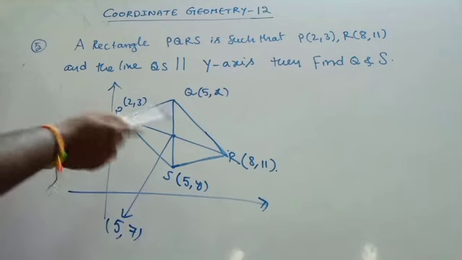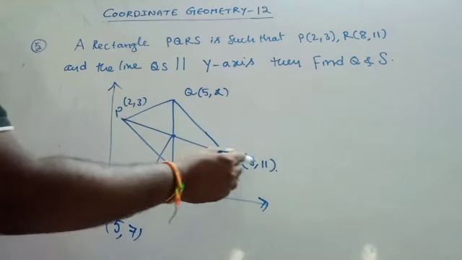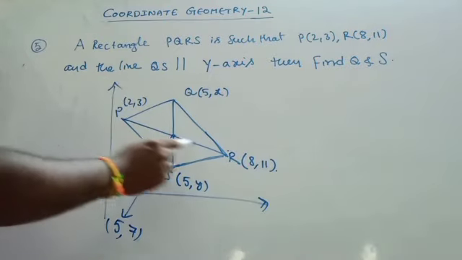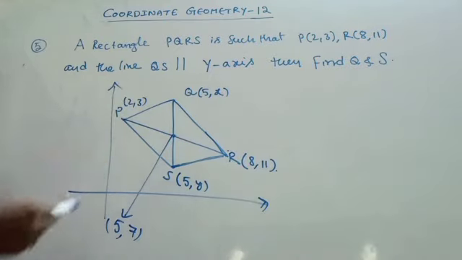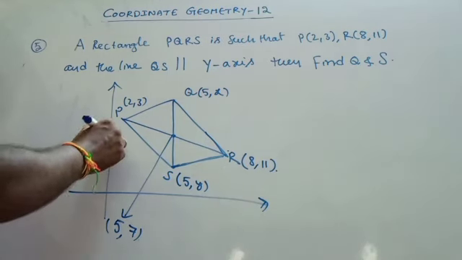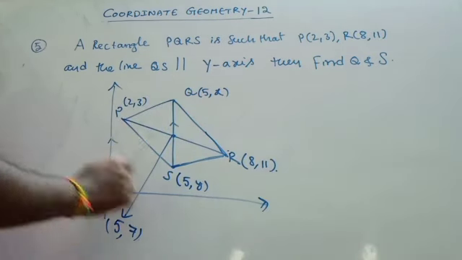They have given P and R, that means one diagonal's opposite vertices. P is (2, 3), R is (8, 11). And the line QS, the other diagonal, is parallel to the y-axis. Then find Q and S, right?